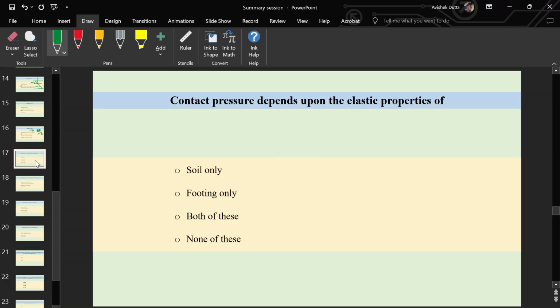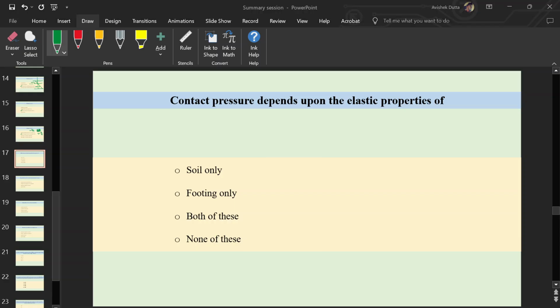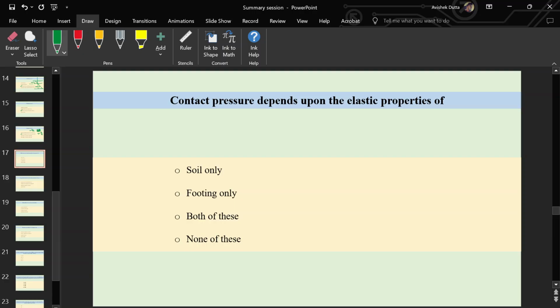Contact pressure depends upon the elastic properties of soil only, footing only, both of these, or none of these. What is the answer? Sir, both of these. Yes, I believe you were in that class where I showed you the problems of contact pressure.